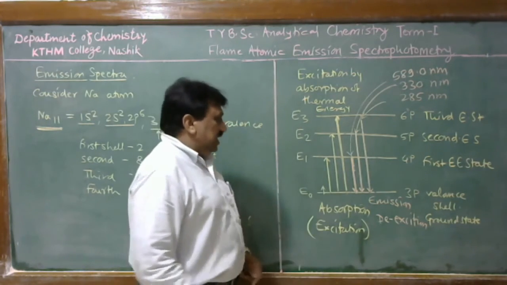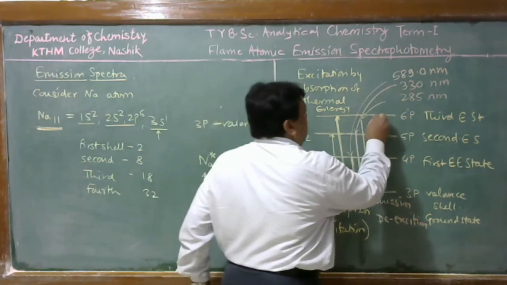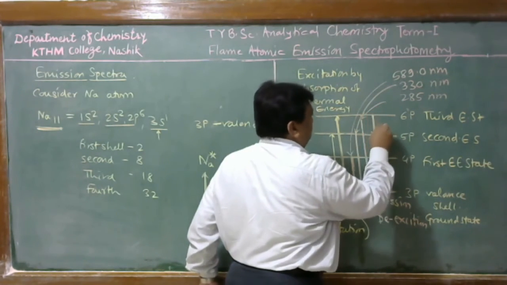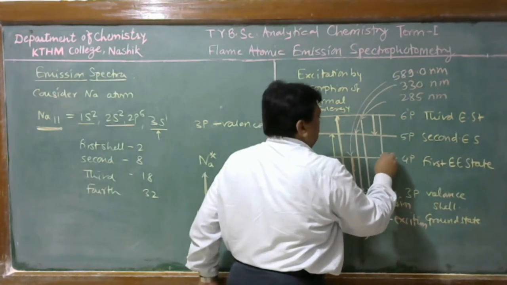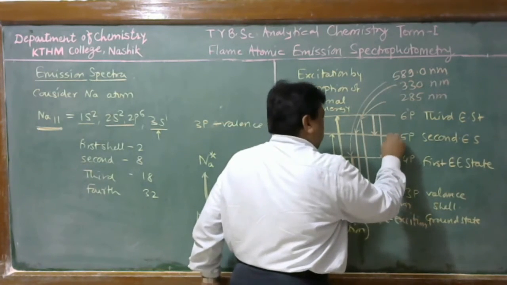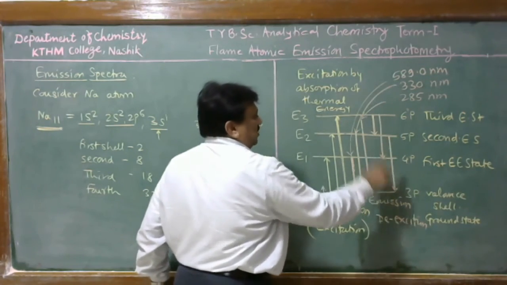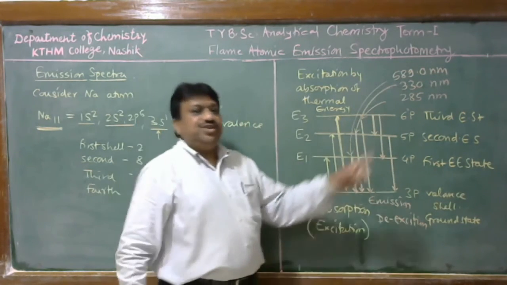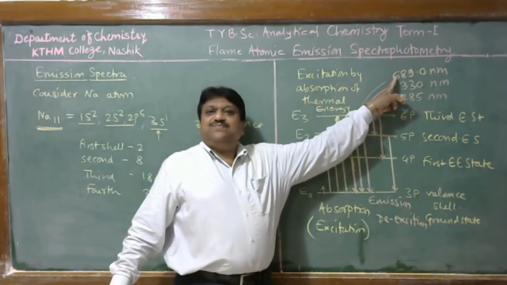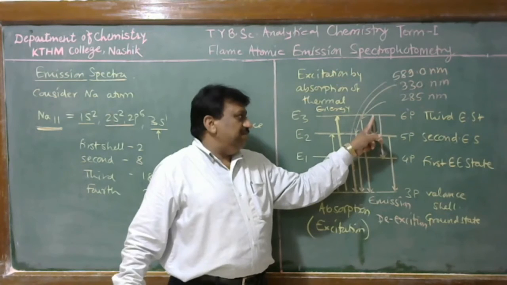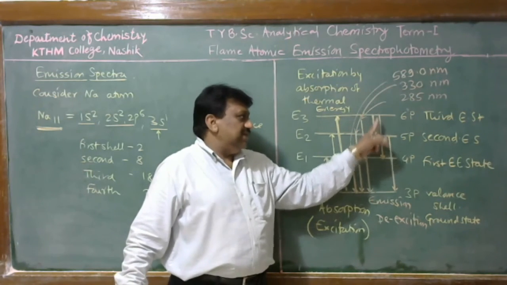In addition to this, an electron may be de-excited from this level to this level, sometimes this level to this level, or this level to this level. Therefore, in addition to these three different emission lines, sodium also shows some emission lines in this fashion.